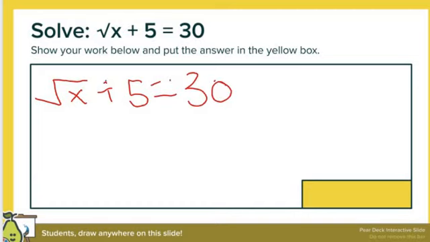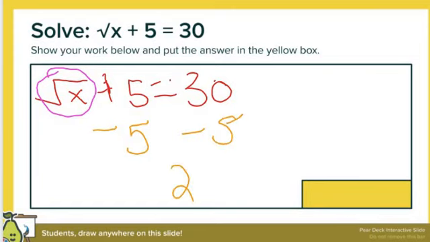If you guys remember, I like to have my students circle the unknown and then do everything outside the circle. So what's the inverse of plus 5? The inverse of plus 5 is minus 5. 30 minus 5 is 25. Square root x equals 25.